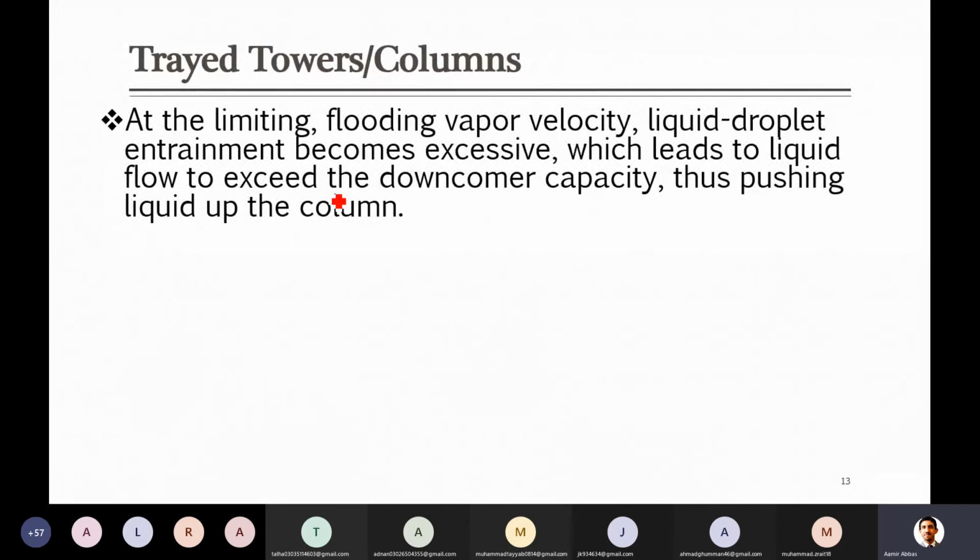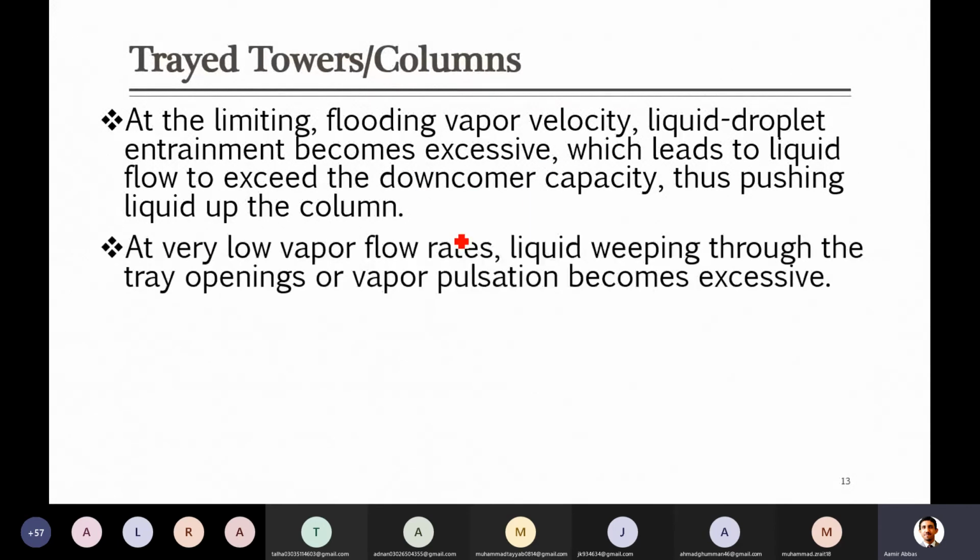Already I have discussed this point earlier when I was talking about what entrainment is and what flooding is. When vapor velocity is very high, it will carry liquid towards the top of the column, and that condition is called flooding. So we should avoid that when we are operating the column.